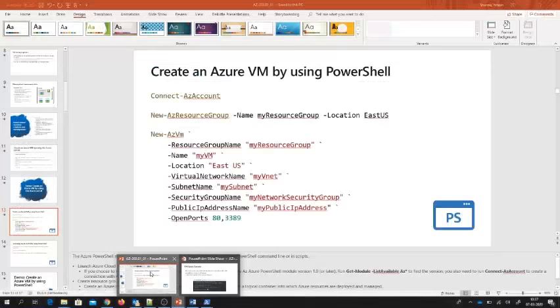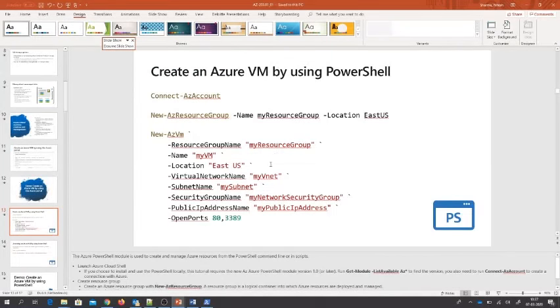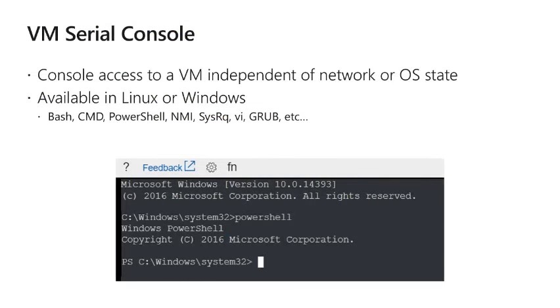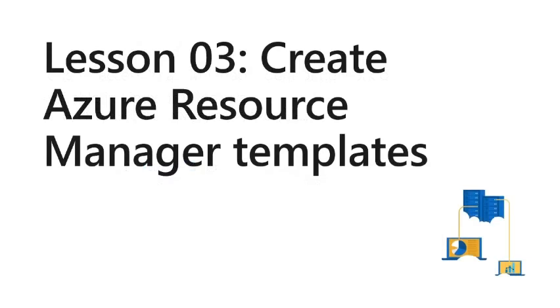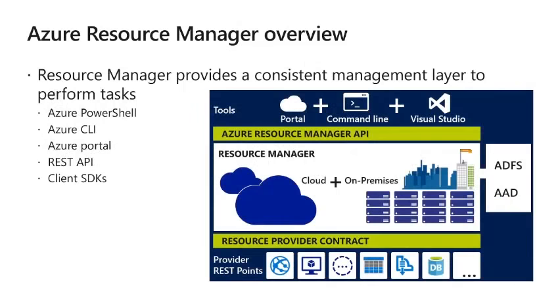Now, create Azure Resource Manager templates. What is an Azure ARM template? You can easily use an ARM template for consistency across the resources you want to create and across your subscription.